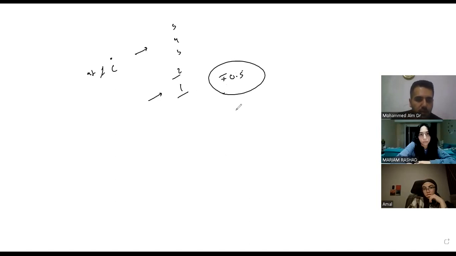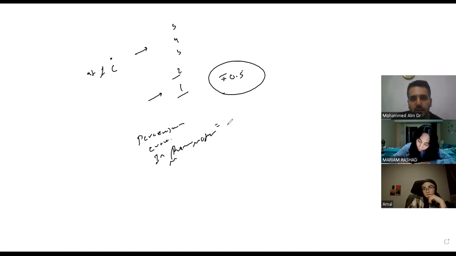One of the questions that you will be asked about is percentage error in thermometer. The percentage error in thermometer will always be 2 multiplied by the number that we get here.